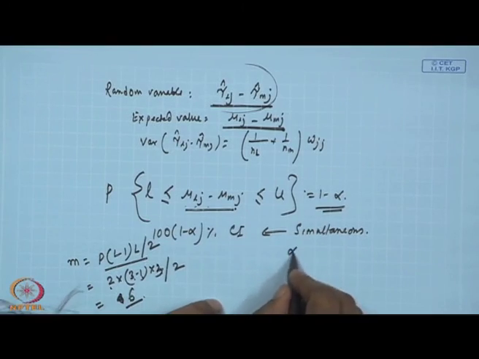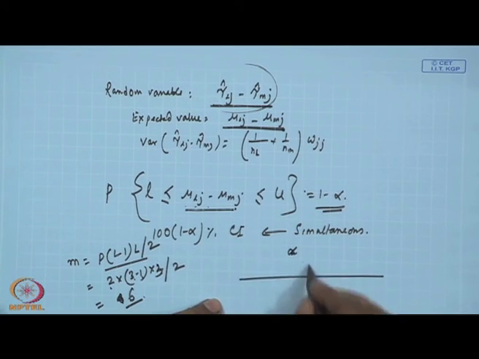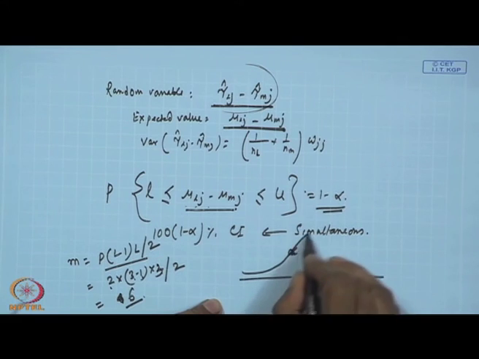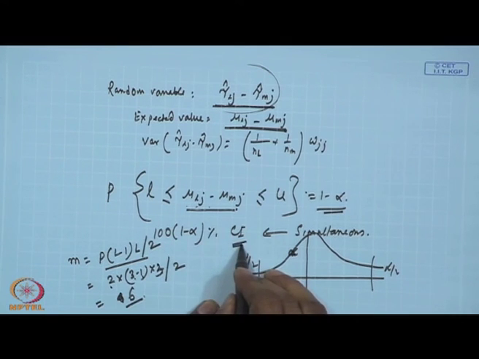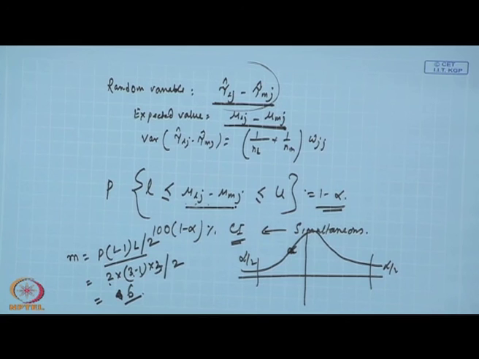So, our alpha, it is a two-tailed case, and the T distribution will be used two-tailed, with alpha by 2 on this side and alpha by 2 on this side. But we have 6 comparisons, so Bonferroni says you divide it either equally or with certain weightage; we are dividing equally.